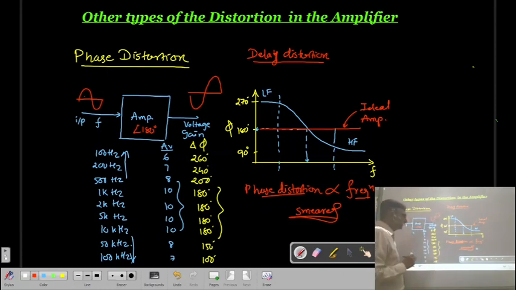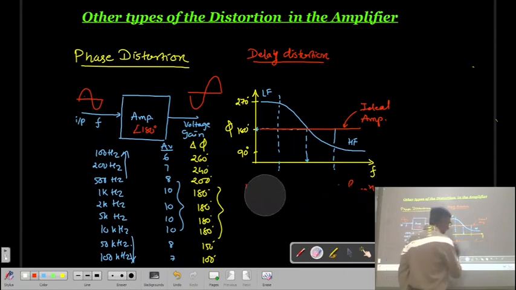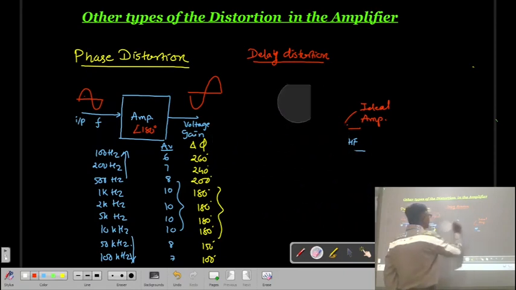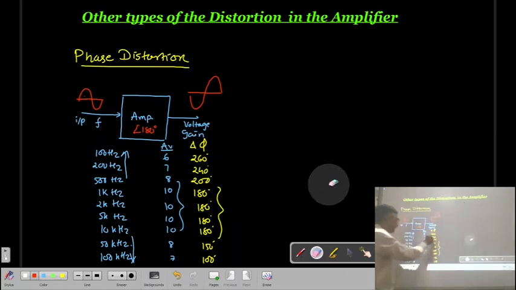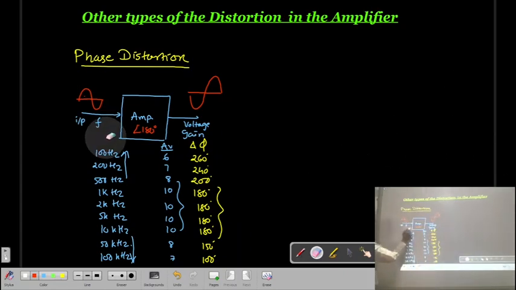Now sometimes we also represent this phase distortion with the help of a graph, which is a polar coordinate graph. You can represent the same table. Remember, here we have the frequency, then the voltage gain and the phase.